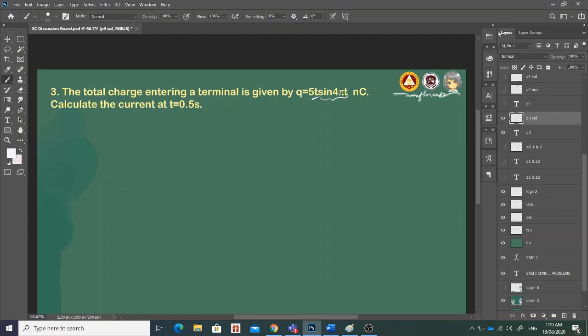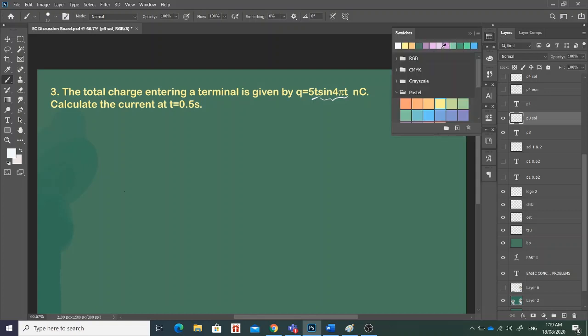So, ang required dito ay yung current, exact current, kasi nagbigay siya ng exact time frame. So, required is I, okay? The exact value of current at time equals 0.5 seconds.